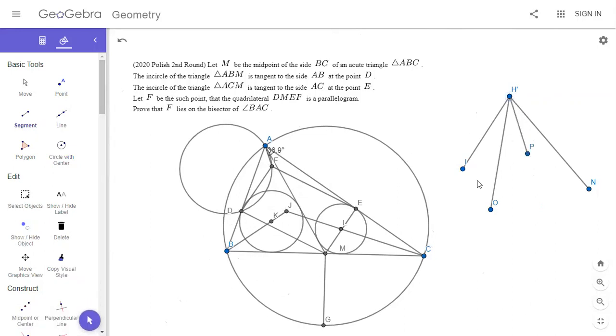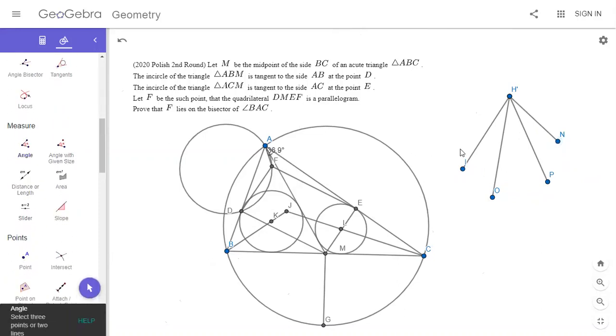Let's say angle IH'O is equal to angle NH'P.